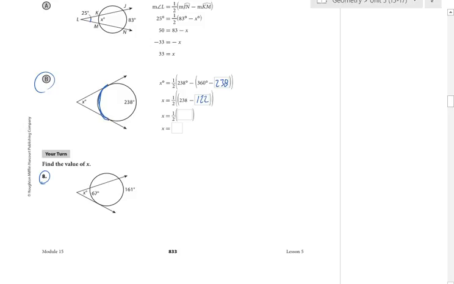Okay, and then if we take the difference of those, we get 116, and half of 116 is 58 degrees. Okay, and then down here we just have X is half the difference of 161 and 67, and that is 47. So X is 47 degrees.